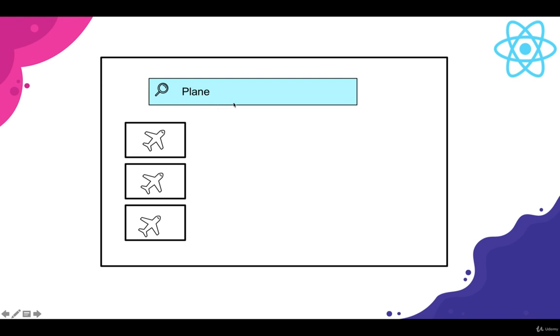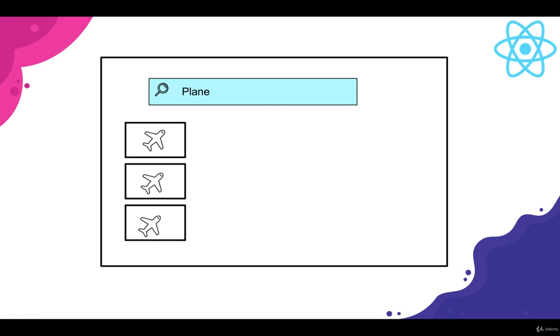And then after they type in the term and press enter, we're going to do a request to an outside API that is going to find images that match whatever term that user has just entered. So if a user types flowers and then presses enter, I would want to somehow get a list of images of flowers and then show them on the screen to that user.